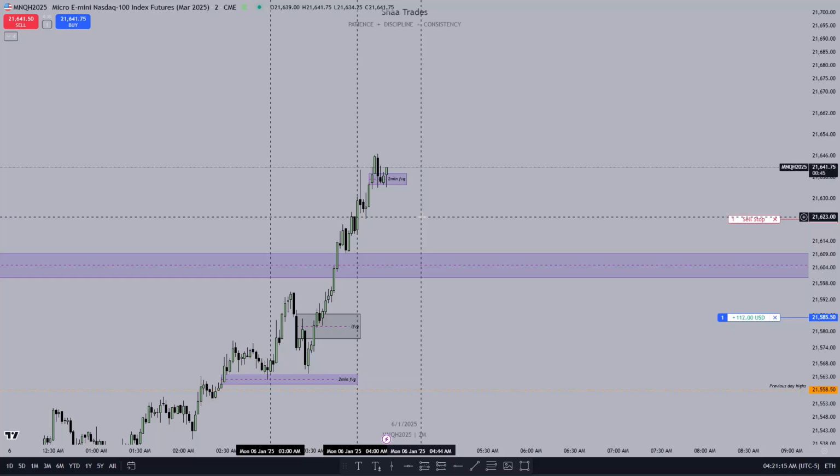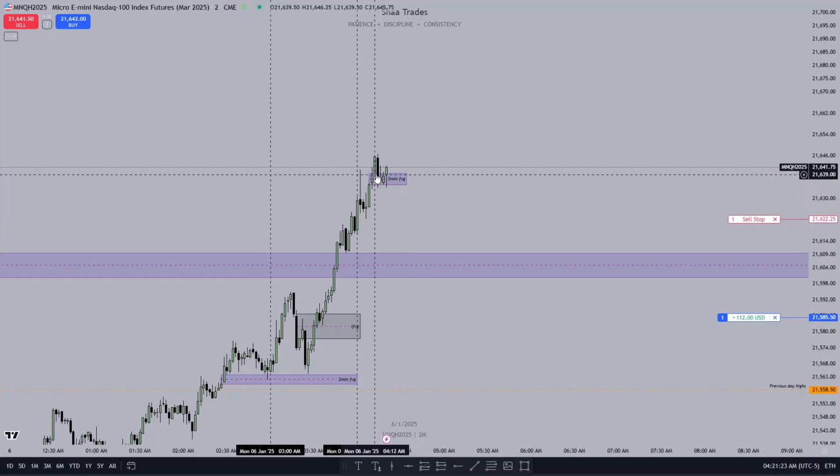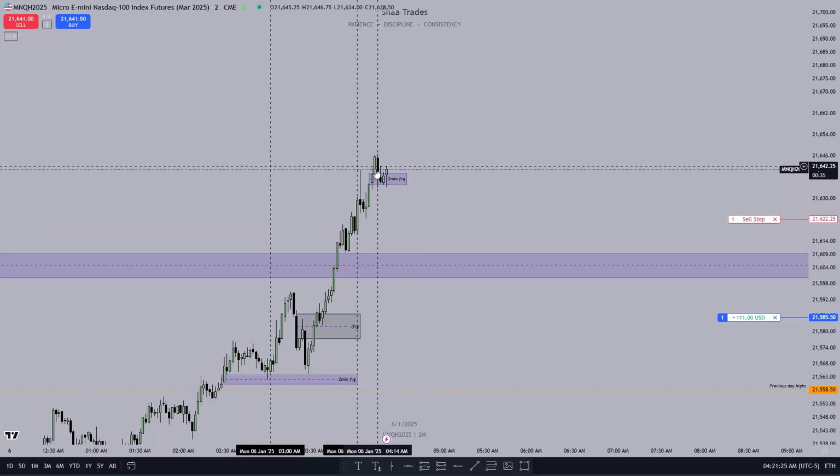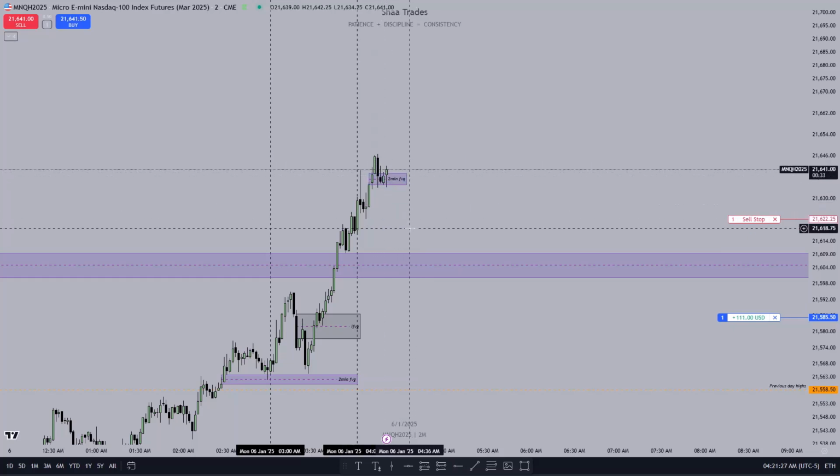Now if price closes above this candle here, I'm going to treat that as a bullish order block and lock in some more profit with my stop loss.